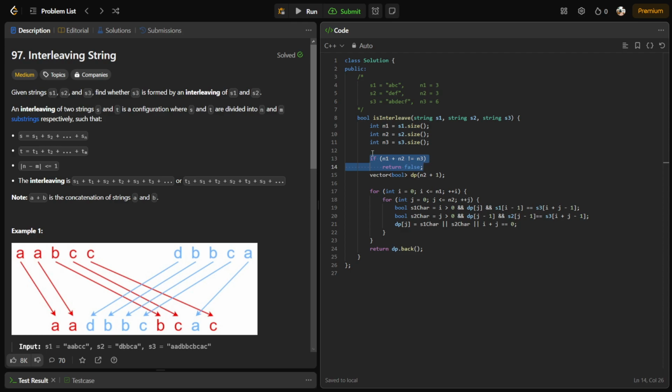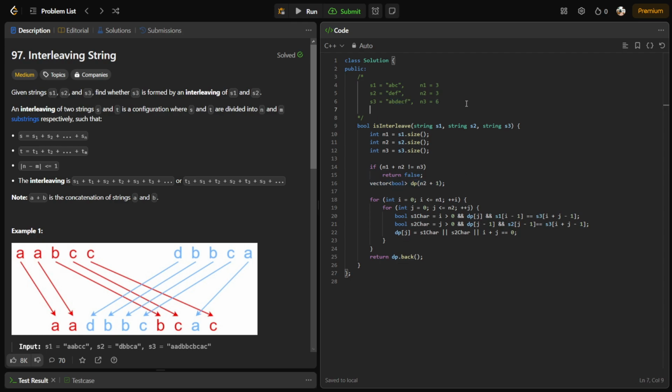Afterwards, I have this simple if statement, which checks if I were to add both of these lengths, will it be equal to 6? If it does not, no matter how much I try to interleave, since both of these lengths are not the same, they will never be the same as S3.